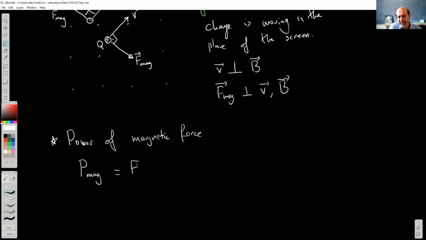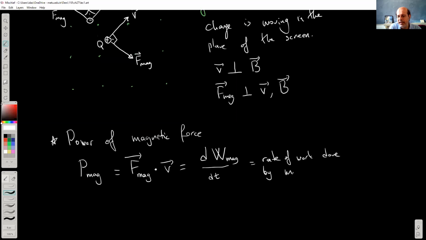So it's basically magnetic force dotted with velocity. So let's just remember that this is the rate of work done by the magnetic force.